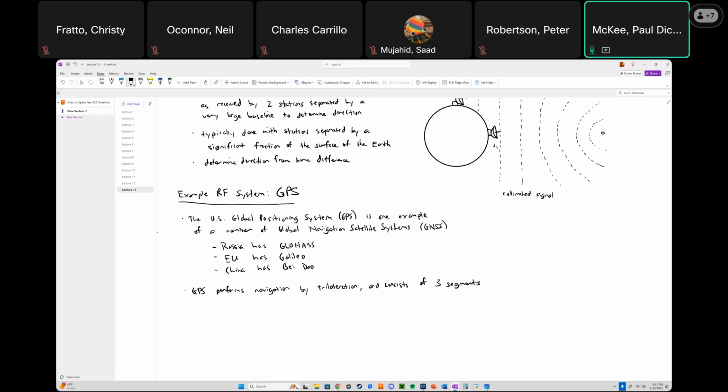Okay. So the first is the space segment, which is the part we think about, the bit that's in space. But this is only the tip of the iceberg. So there are 24 satellites in the baseline configuration. There are more now.